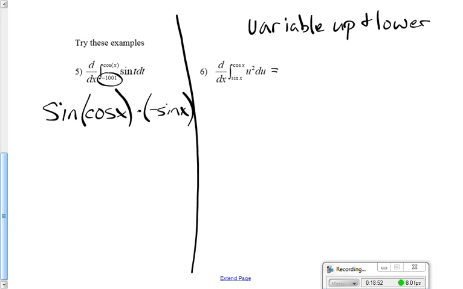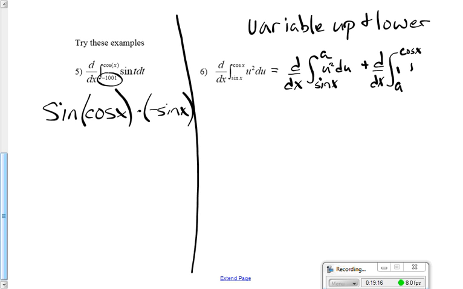I'm going to actually break it up into 2 derivatives and integrals. So will you write this for me? I'm going to go from sine x to some value a of u squared du. And I'm then going to differentiate and integrate from a to cos x of u squared du.